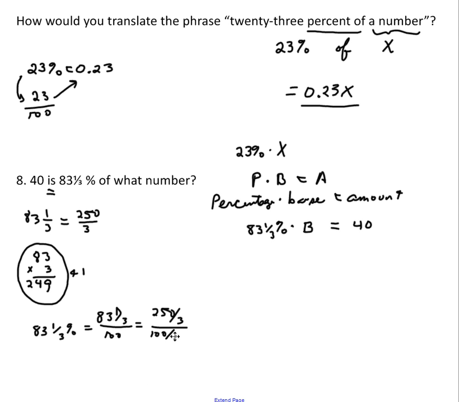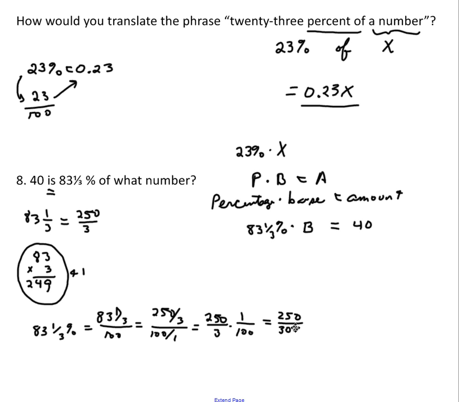So we're going to write 250 over 3 divided by 100 over 1. I'll show you how I do it. 250 over 3 is now multiplied by 1 over 100. We take the reciprocal of the denominator fraction and multiply. So we're actually dealing with the fraction 250 over 300. And I'll tell you, I don't like dealing with big fractions if I can avoid it.